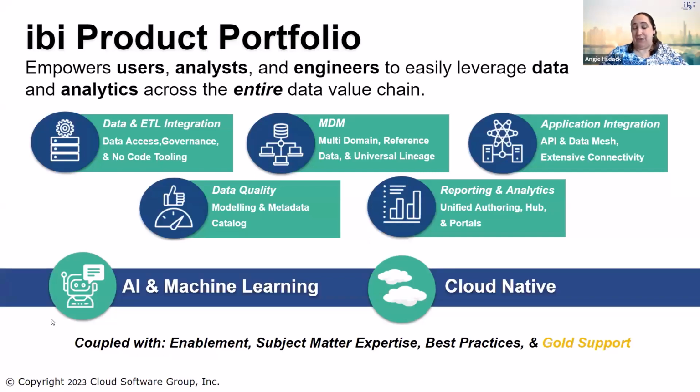Application integration, so APIs and data mesh, data quality as well. IBI data quality is one of the products in our portfolio, and that's going to help with verification of addresses and overall just cleansing and validating data.